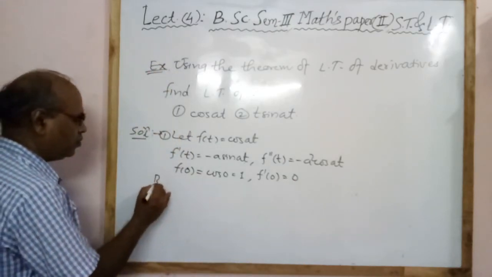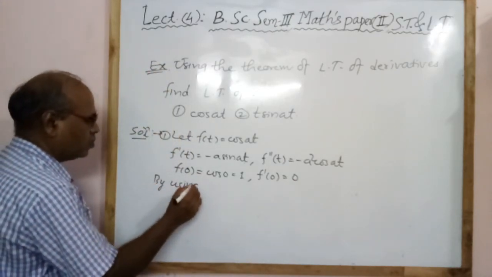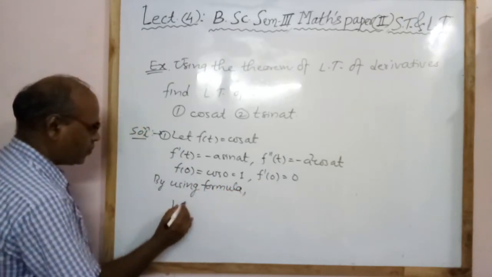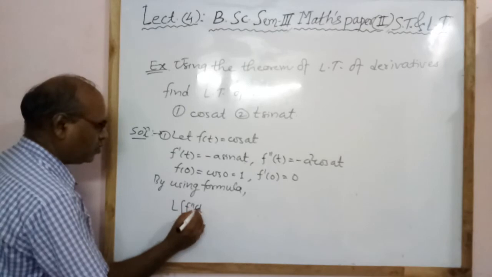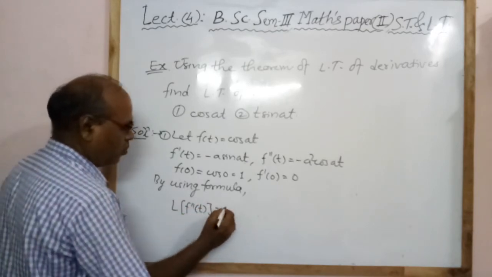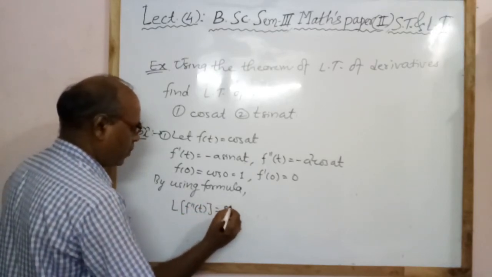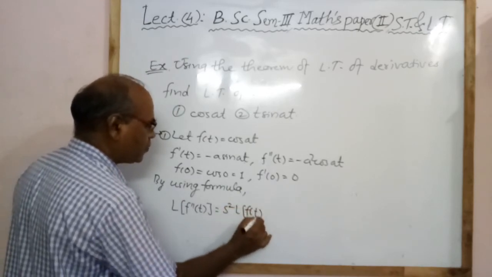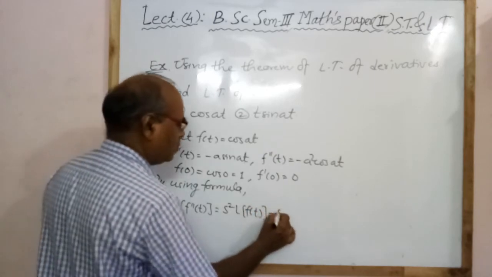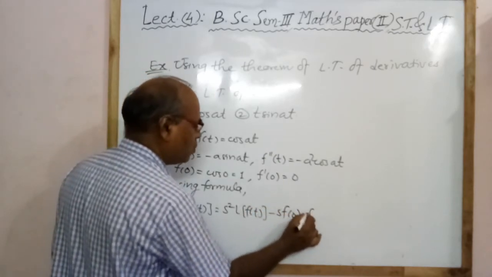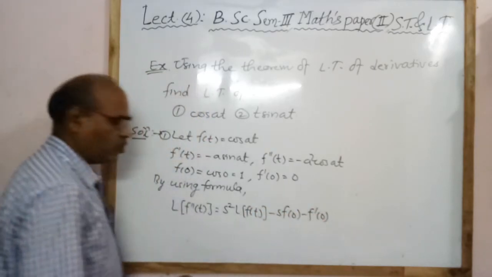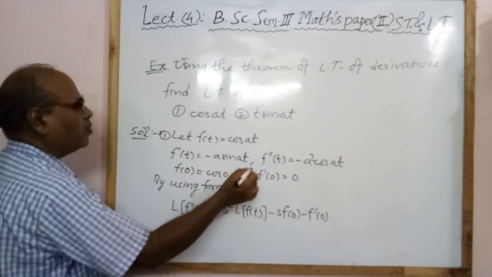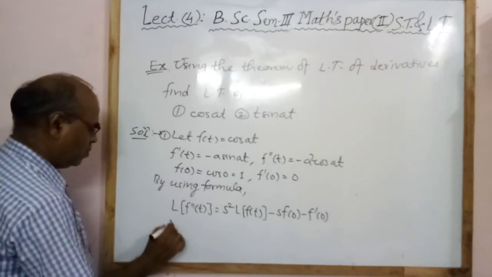Then by using the formula, Laplace of f double dash of t is given by s square into Laplace of f of t minus s into f of 0 minus f dash of 0. Now f double dash of t is given by this.